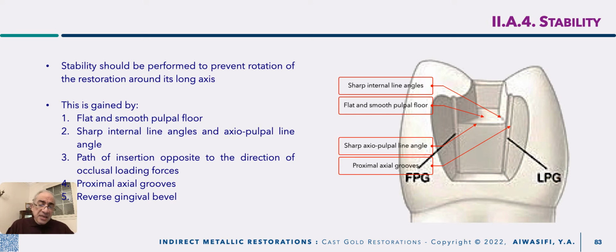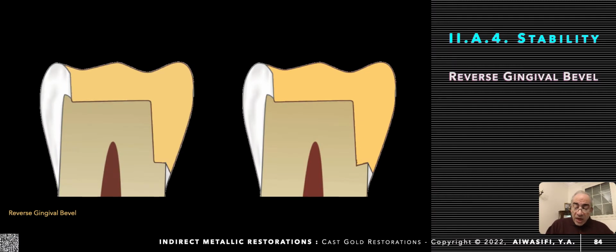Let us discuss in detail the reverse gingival bevel. When we look at this gingival floor, comparing the left to the right, the left one is the normal slanting of the gingival floor enamel to be in direction with enamel rods. This is not considered a bevel. This is just finishing of the enamel wall to be in the direction of enamel rods.